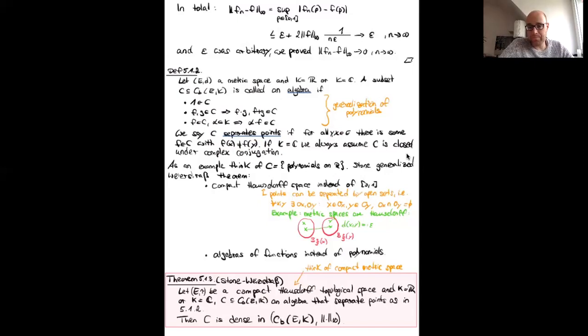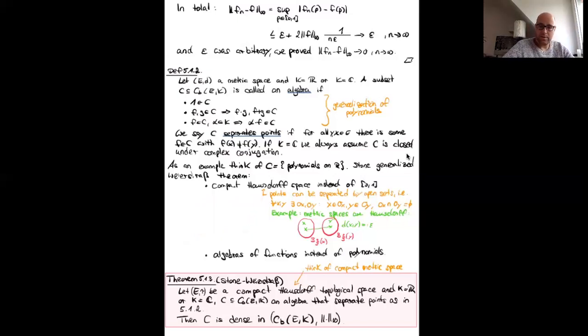So as an example, the constant functions alone are not separating points of E, because for all points and all functions, the values are just the same. So I cannot take only constant functions. Polynomials, of course, the usual polynomials you know from analysis, are separating functions. You need to be careful. If I want to separate these points, I better don't take this polynomial where the points are the same, but I can take this polynomial. So polynomials separate points.